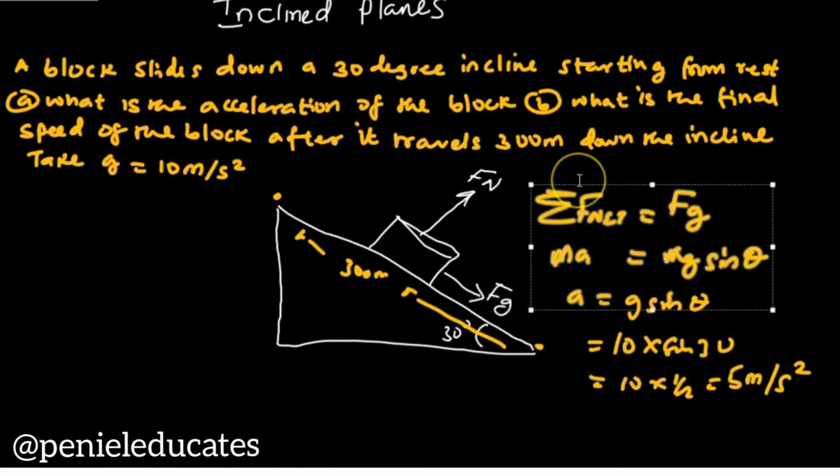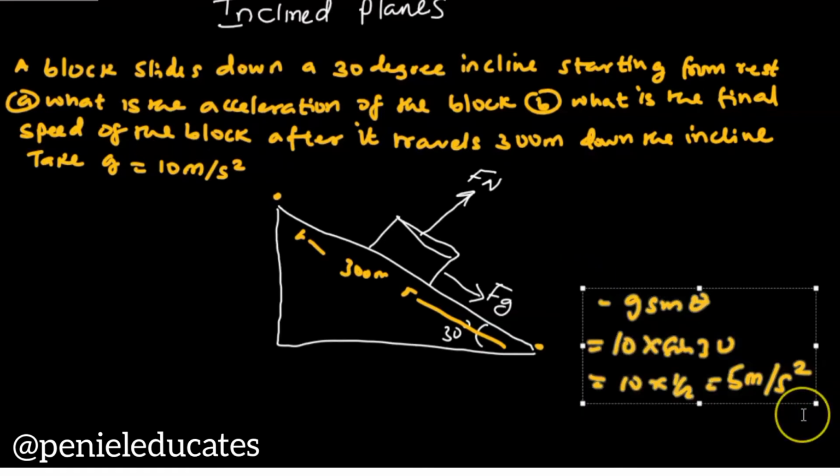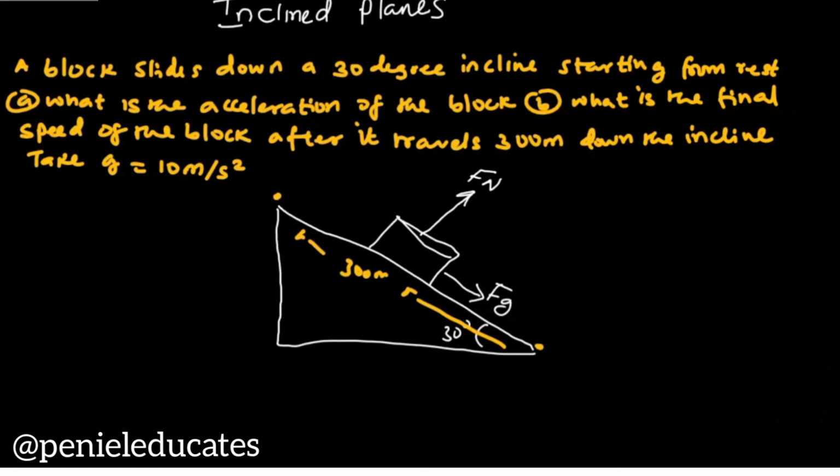I'm just quickly going to take this one out so that we can use that place. All right, so now what is the speed? What we are given is our initial velocity, since it's starting from rest, so the initial velocity will be 0. Then we have to find the final speed, which we don't know. Don't forget that we already have our acceleration to be 5 meters per second squared.